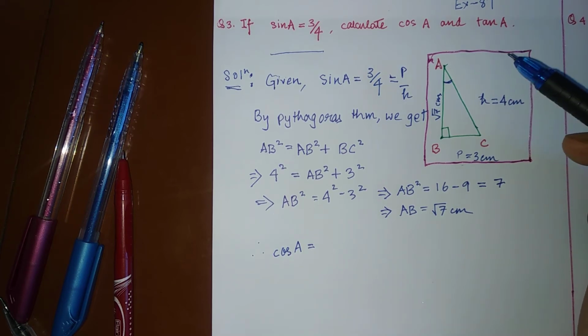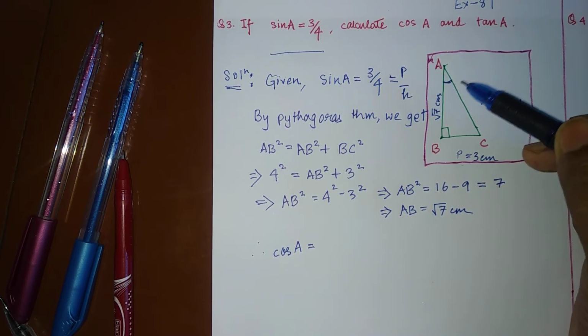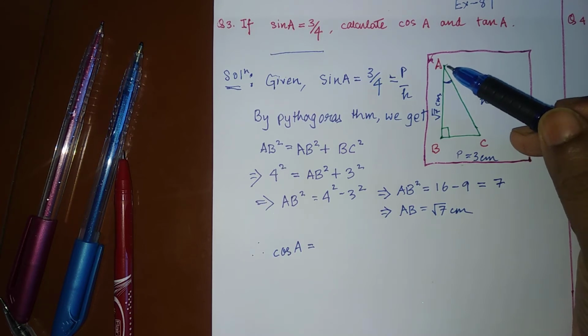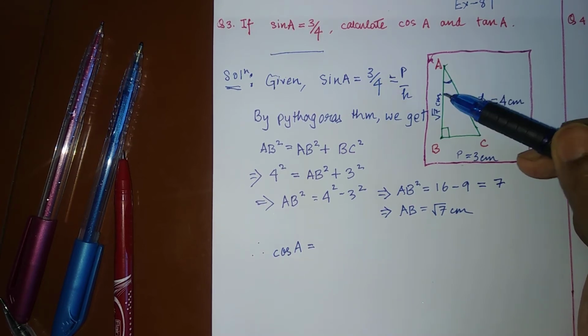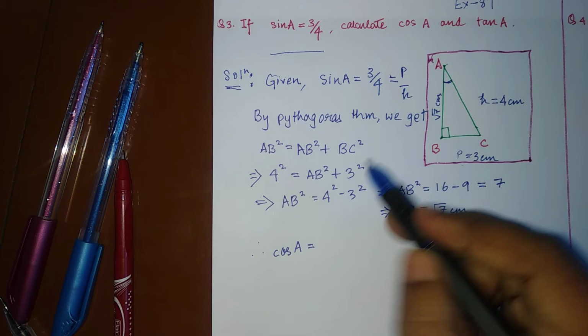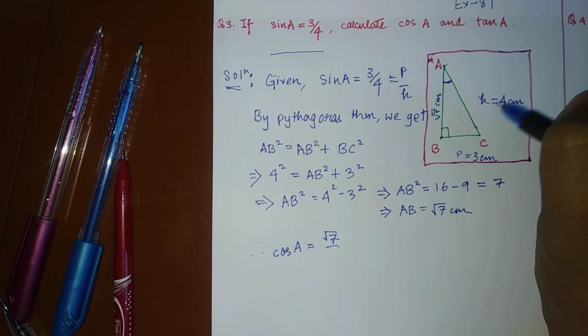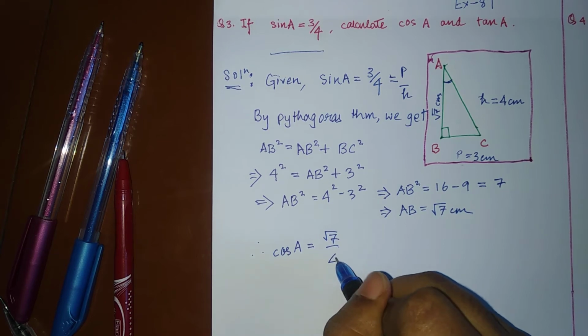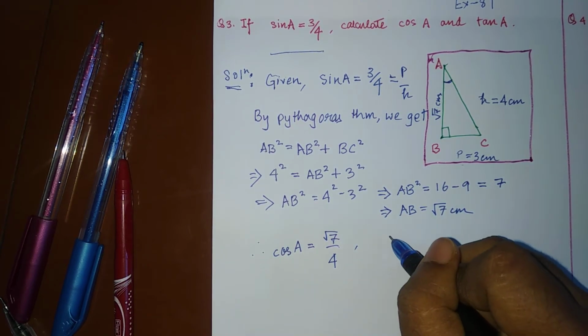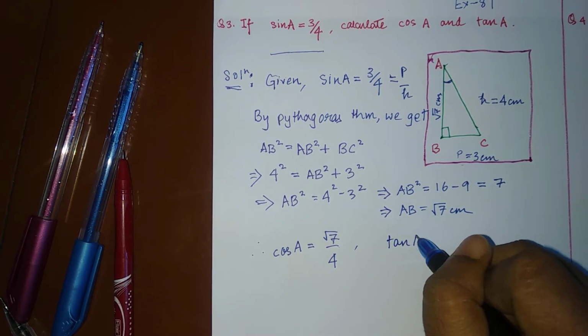It is base by hypotenuse. So in this case the given angle is A, and therefore the base will be the side adjacent to the given angle, which is root 7 centimeter, and the length of the hypotenuse is 4 centimeter. Get it?